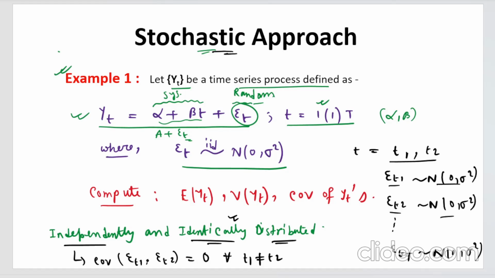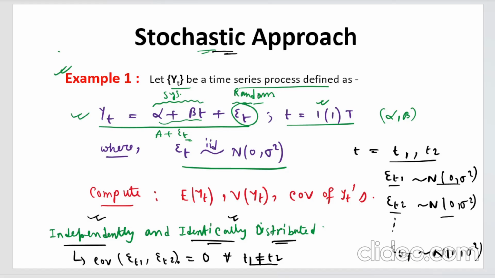The random terms in the period t1 and in the period t2 are completely independent of each other. Independence means there is no covariance between the error terms in two different periods. So t1 has to be not equal to t2. If they are equal, then this will be variance, right? Covariance of epsilon t with itself is variance of epsilon t. So that will not do.